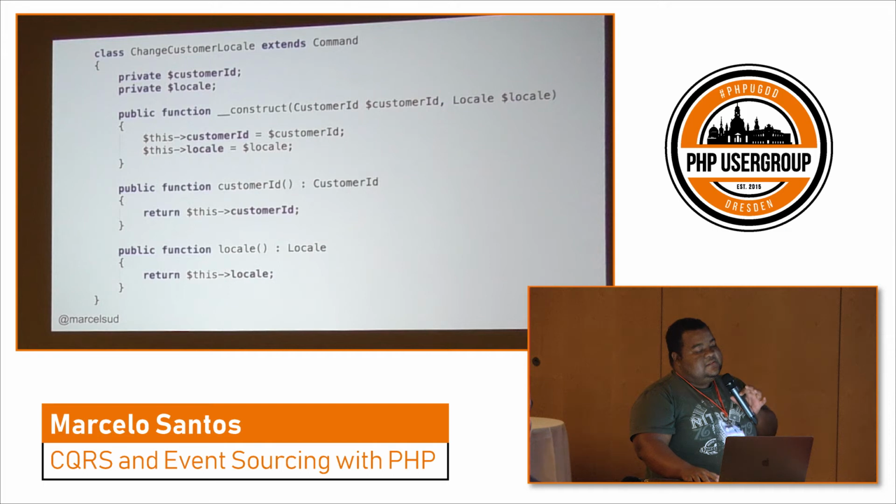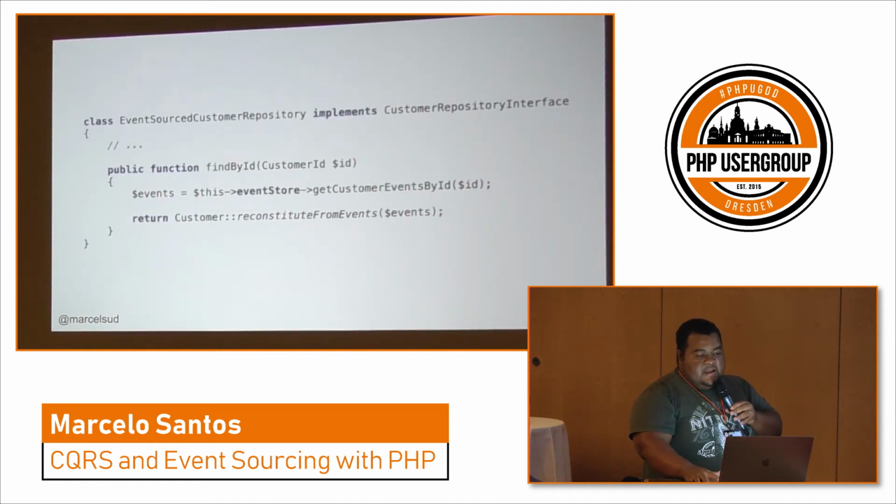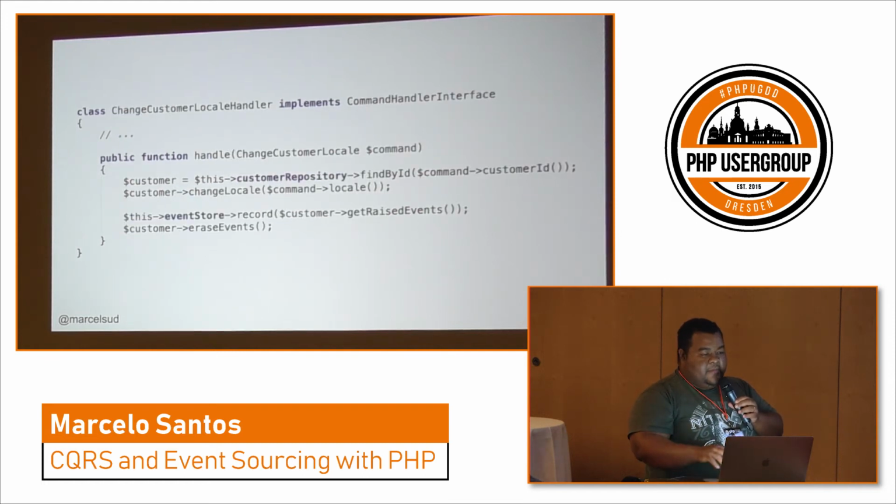Actually, this is the command, meaning it's just a plain old PHP object with two properties, stating what this command represents. And the name needs to be very clear about what is the intention. So the name is usually imperative, like change the customer locale. That's a command. First let me show this one, and then I explain the other.